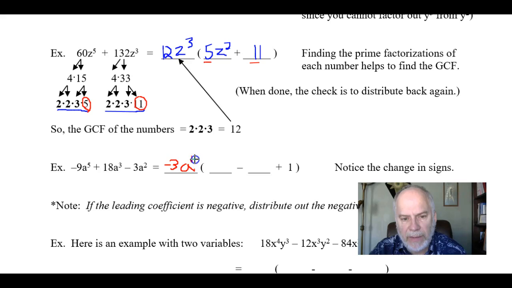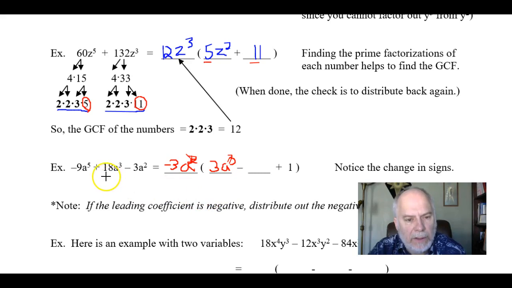So my greatest common factor is negative 3a squared. So I'm going to divide everything by negative 3a squared. So negative 9 divided by negative 3 would be positive 3. And if I take 2 a's away from 5 a's, it'll be 3 a's. So I'll have 3a to the 3rd power.